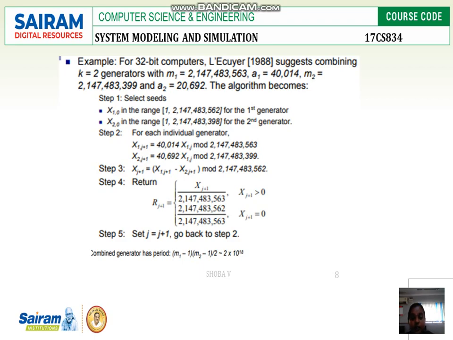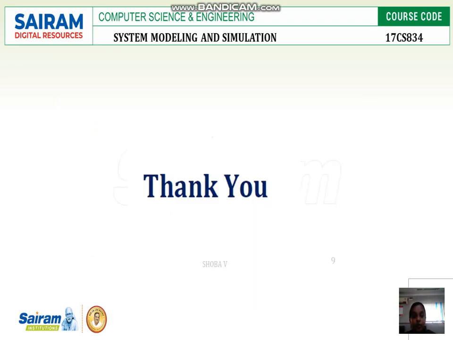Then we go for the individual generators, X1,j+1 and X2,j+1, each with a value, and we return the combined value. This combined generator has a period of the form (m1 minus 1)(m2 minus 1) divided by 2, approximately 2 times 10 to the power 18. The selected values we apply in that formula, and we get the output based on that.